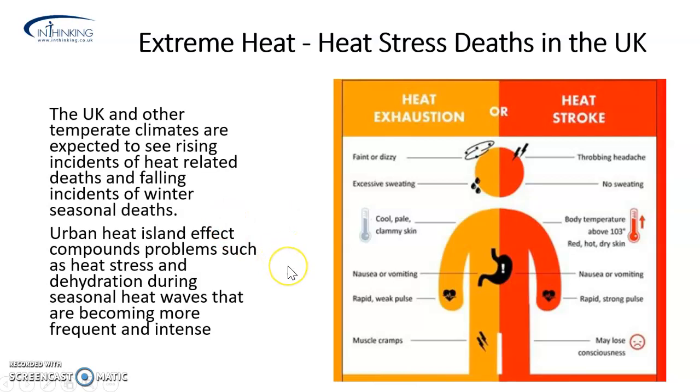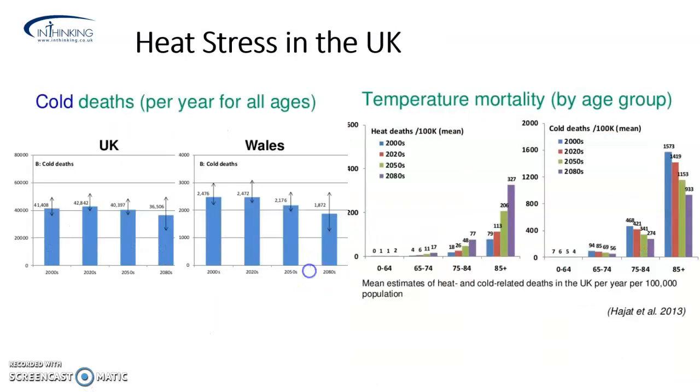And this is due to a combination of factors, heat stress, dehydration, and this will affect, in particular, more vulnerable people in the population, our elderly, for example. So we see in this graph the numbers of cold-related deaths falling. So we're seeing this change in mortality and morbidity based around climate.